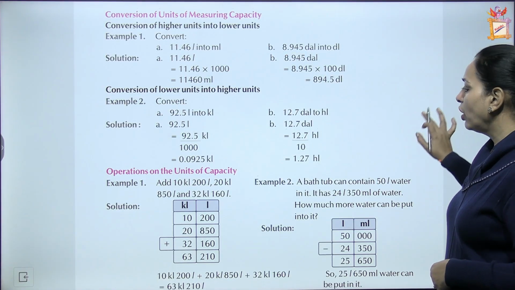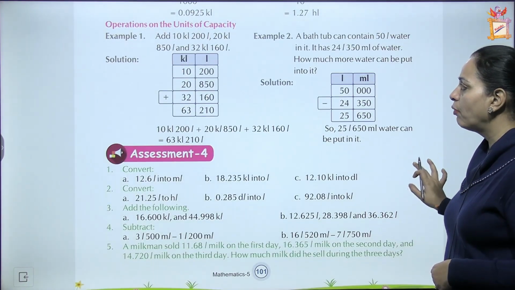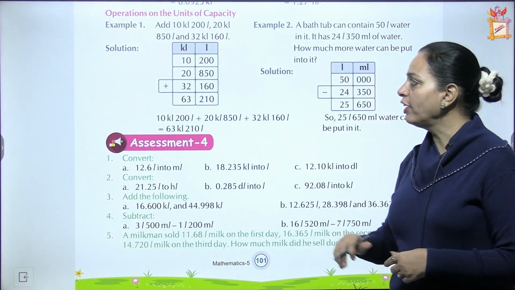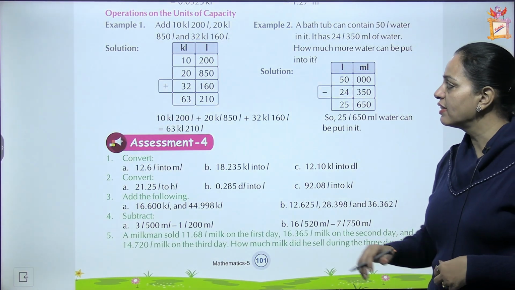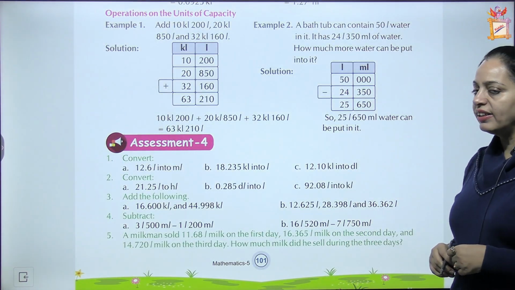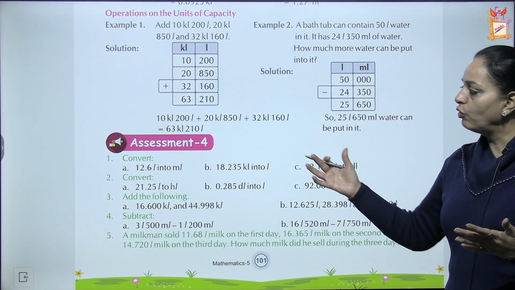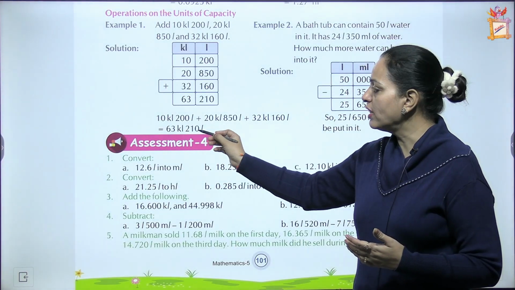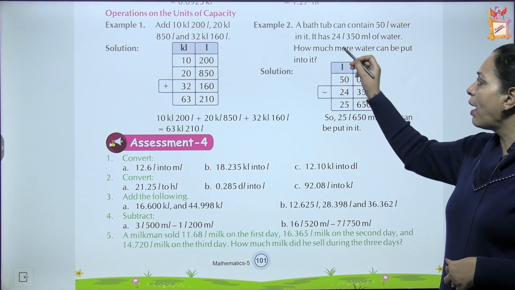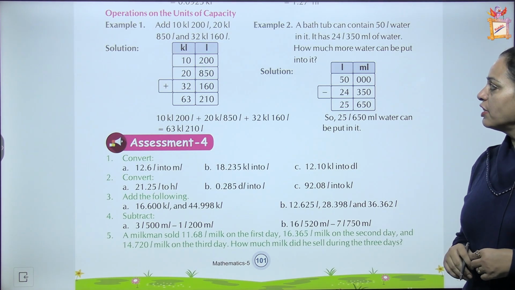Now operation on the units of capacity. Example 1. Add 10 kiloliter 200 liter, 20 kiloliter 850 liter, 32 kiloliter and 160 liter. We will add and get the answer 63 kiloliter, 210 liter. Now example 2, a bathtub can contain 50 liter water in it.